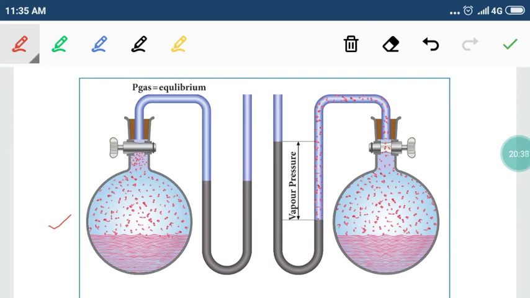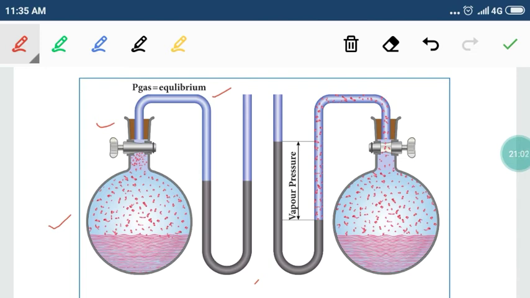The liquid, for example water, is taken in the round bottom flask. The flask is closed and we have a delivery tube, which is U-shaped and contains mercury to measure the pressure.